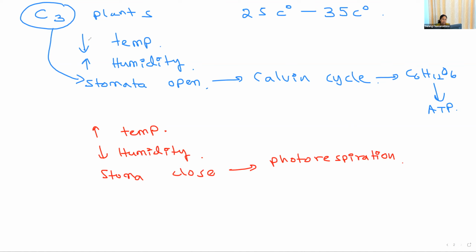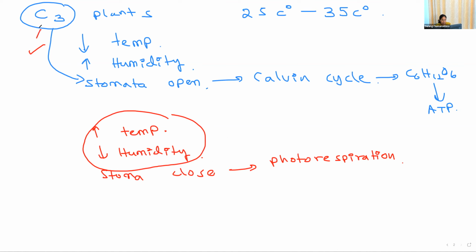So remember, C3 plants most of the time will undergo the normal Calvin cycle, right? If something happens, like if the environmental temperature increases and the humidity decreases, then they will undergo photorespiration, right? This is something that happens sometimes.